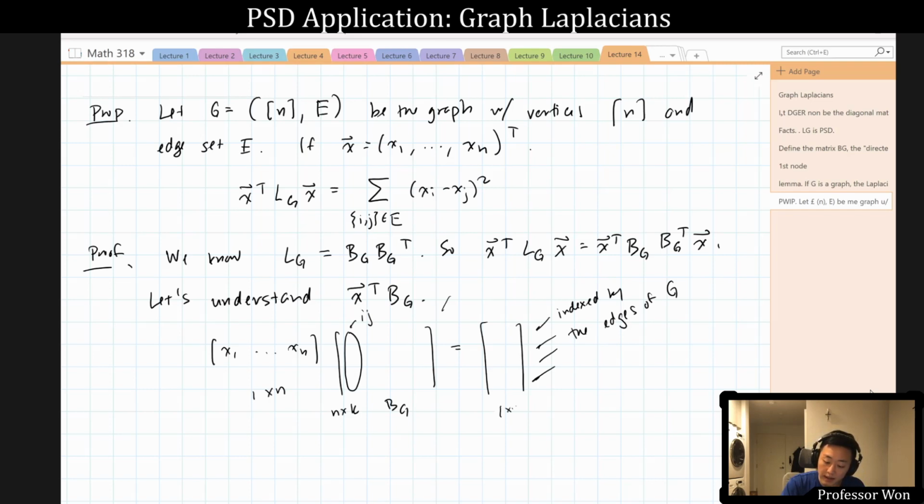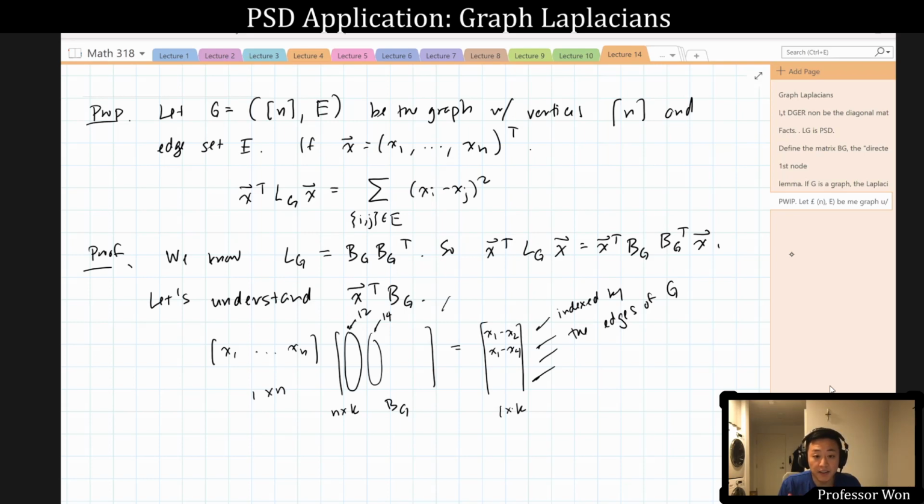It's indexed by the edges of your graph, and it will have exactly xi minus xj at the entry indexed by ij. Right, so if this first column was, in our example, the edge 1, 2, then this will have exactly x1 minus x2. The next one was the edge 1, 4, so the next one will be exactly x1 minus x4.